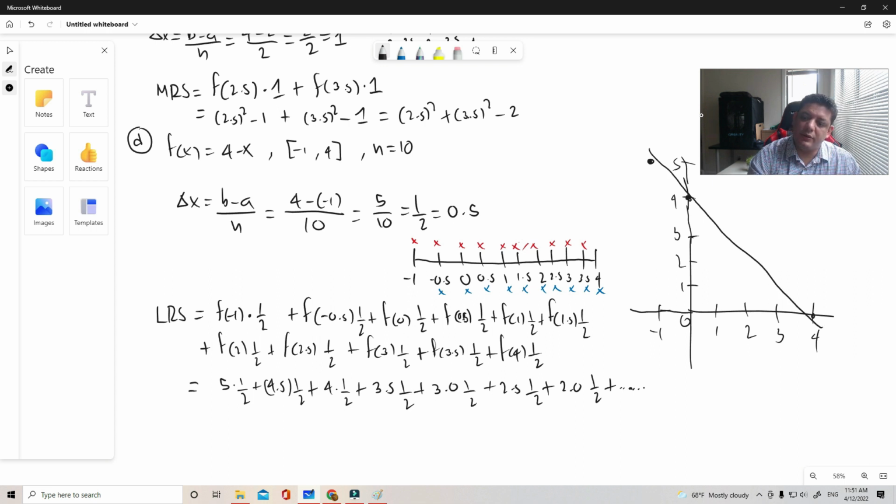You have the equation of the line coming on here. It's supposed to cross at 4. Okay, something more or less like this.